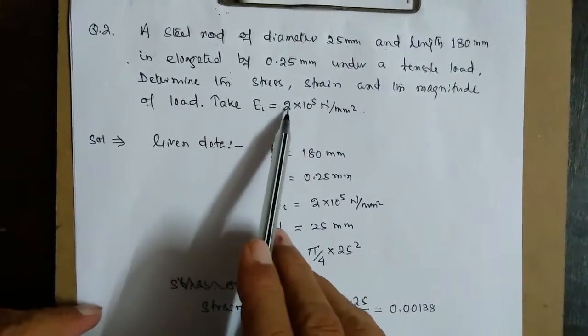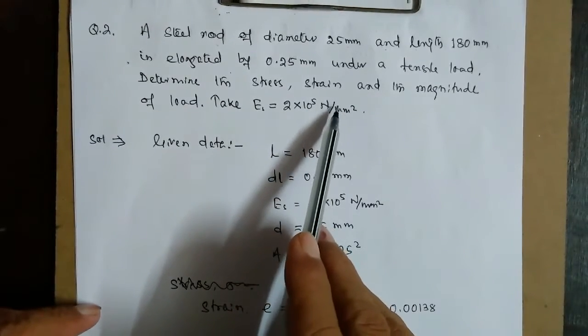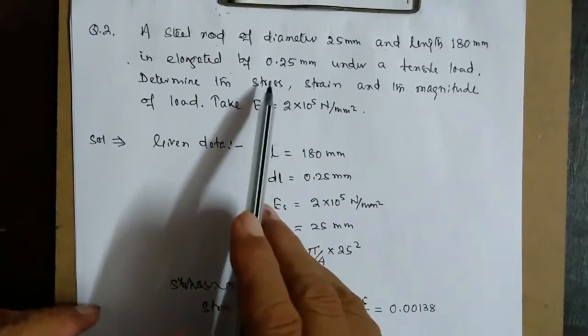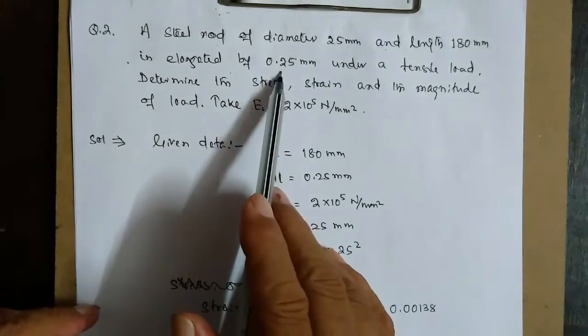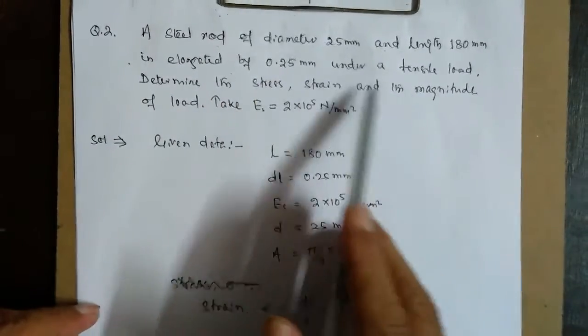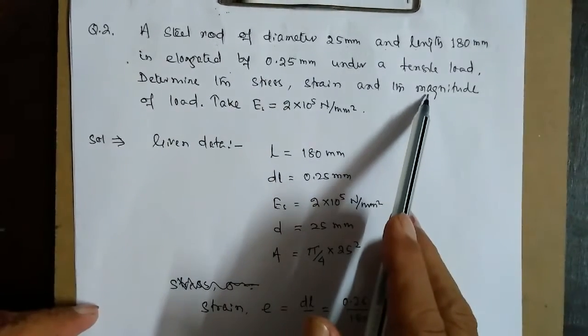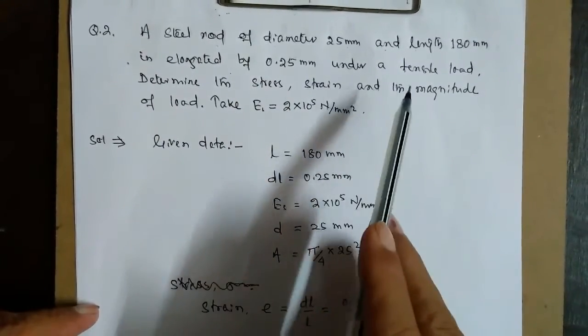Take E as 2 into 10 power 5 Newton per mm square. Here dl is given, 0.25, but load is absent. In our previous question P was given and dl was asked. Here dl is given and load is required.